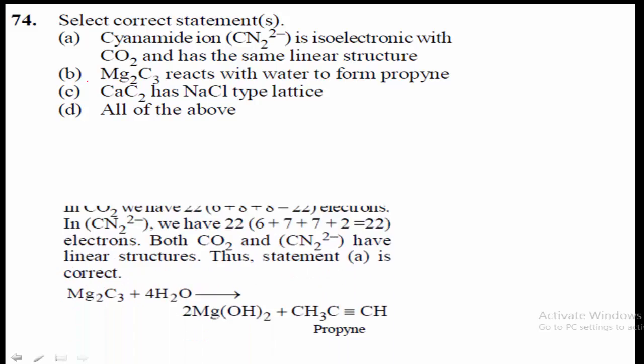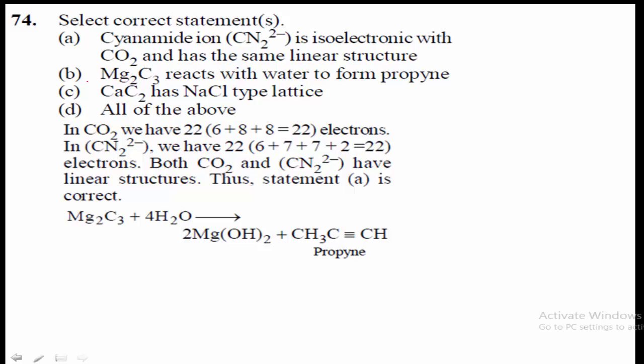Option A is also a correct statement because in CO2 we have 22 electrons. Isoelectronic means the number of electrons would be the same in both the compounds or elements. So the cyanamide ion consists of 22 electrons and CO2 also consists of 22 electrons, and both have the linear structure, and hence this one would be the right statement.